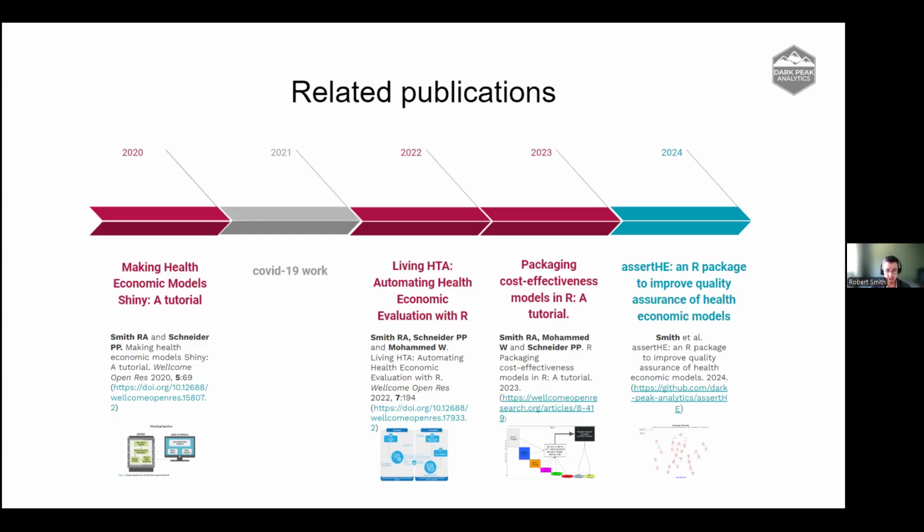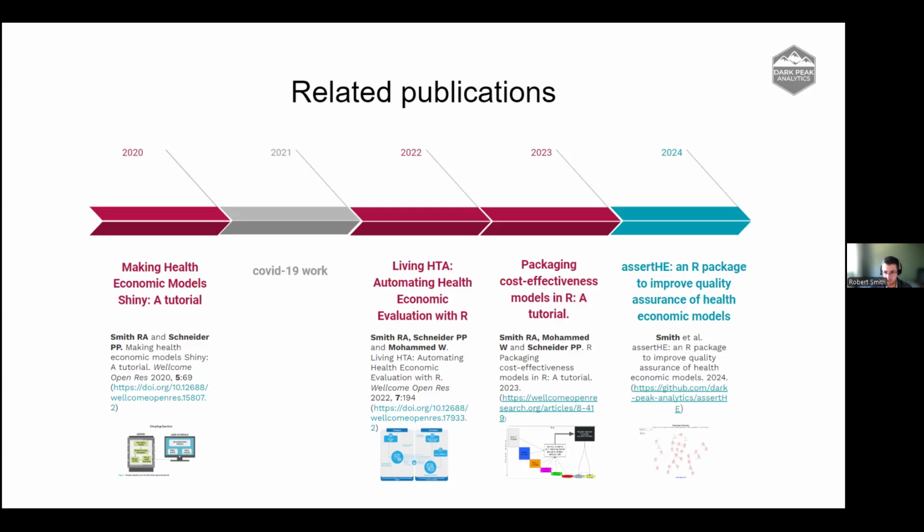Essentially trying to automate updates to models as new data comes in, so that your model report always reflects the latest data. And then the third topic will be packaging cost effectiveness models, and this is a bit of a nerdier topic, looking at the best way to build a model in R, and how we can make the ecosystem of algorithms within health economic models easier to share amongst modelers.